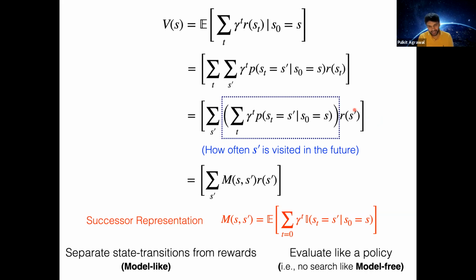In that case, I would get an augmented state space, so I have pairs of states. If I cannot express my reward function like that, then I can't write down the successor representation in that scenario.